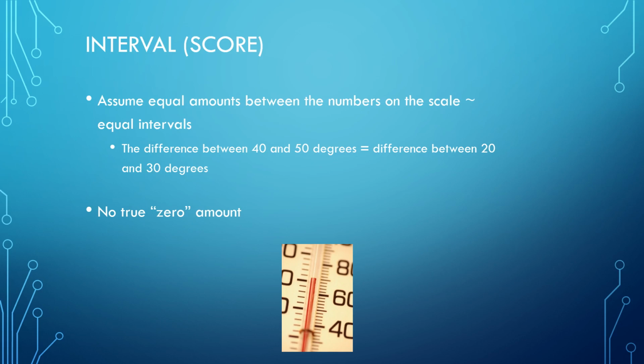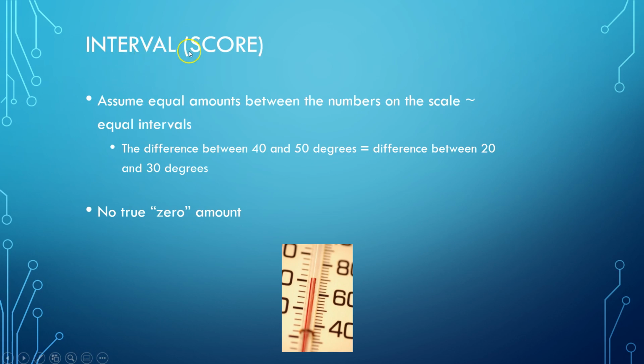Interval and ratio are very similar: you get number data in both cases, and you assume equal distance between the numbers on the scale, or equal intervals. So these are numbers, right? 1, 2, 3, 4, with equal distance between the numbers on the scale.